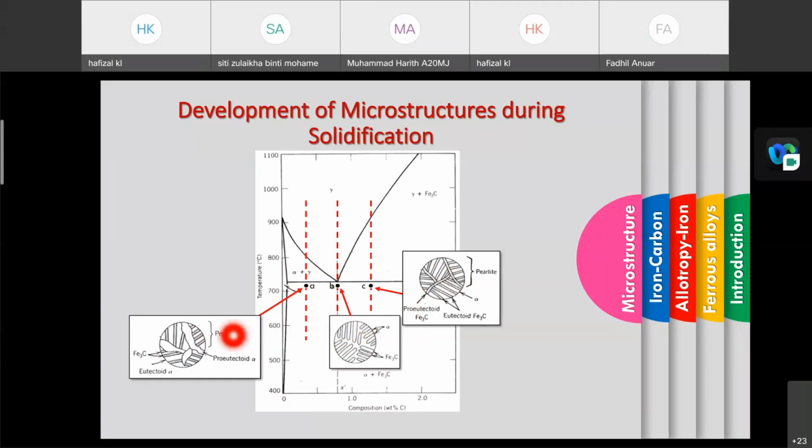We can get the transformation of the microstructure, whereby we have the pro-eutectoid alpha here, and finally it will become pro-eutectoid cementite in this line.